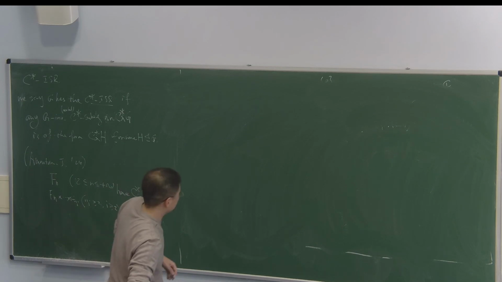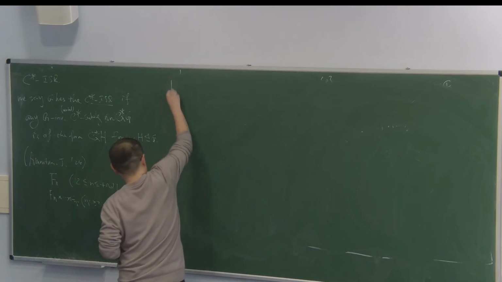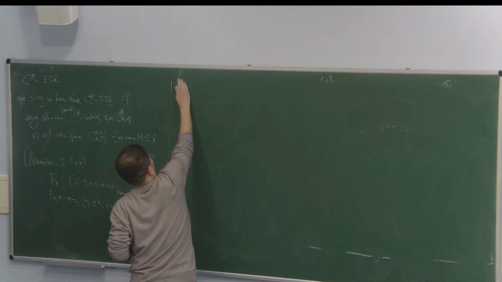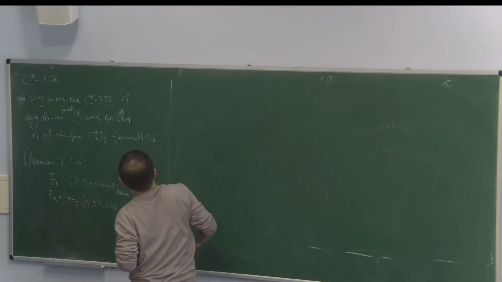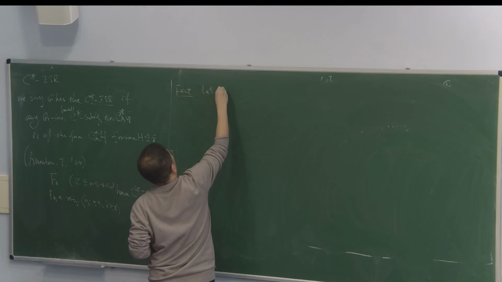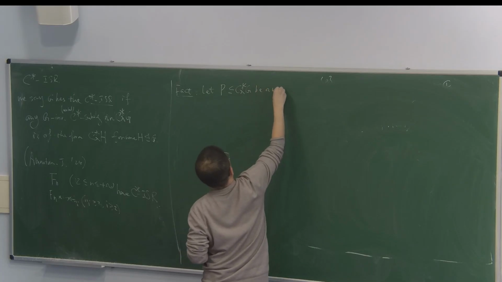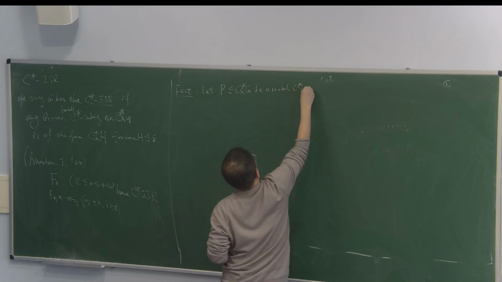Let's briefly mention the proof for F2. First, we still start with a fact: let P be a unital C-star subalgebra.